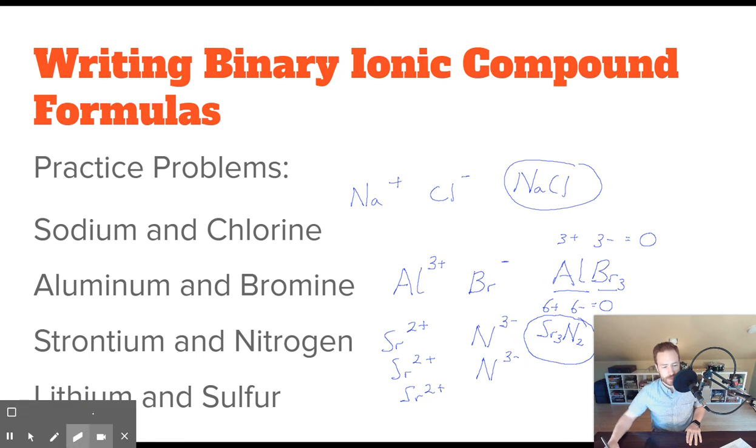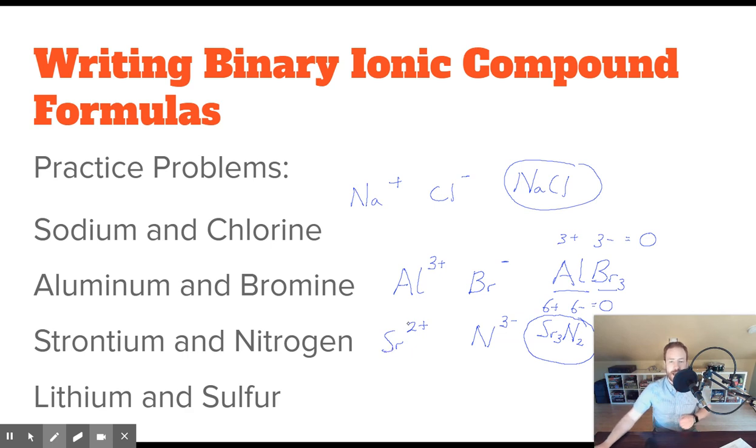Let me erase some of this so that we can really appreciate what's going on. In the cross drop method, the charge of the cation becomes the subscript of the anion, and the charge of the anion becomes the subscript of the cation.